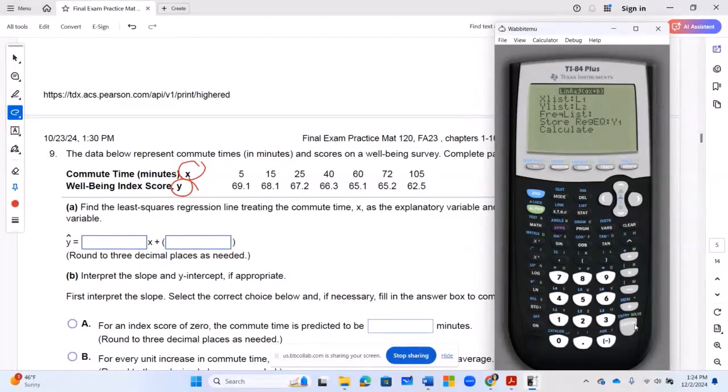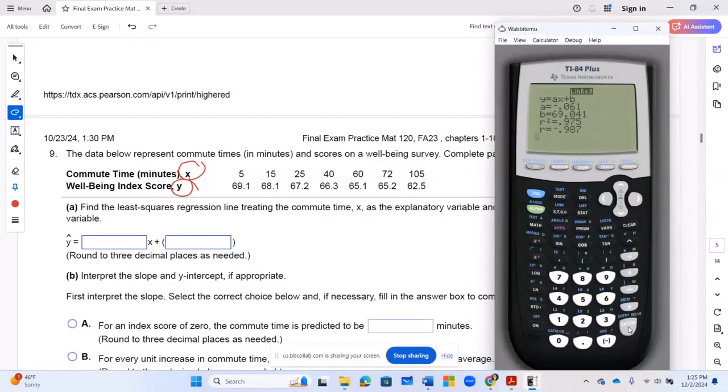I hope saying it a lot of times will remind you. Okay, and now I'm going to calculate. This time I will know whatever I need. The coefficient of determination, I don't know if they asked me to find it, but it doesn't hurt to know all that I'm given. All right.